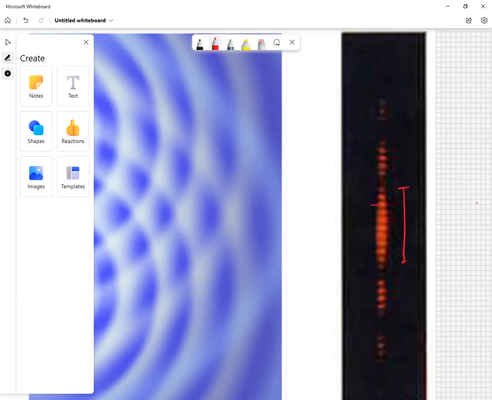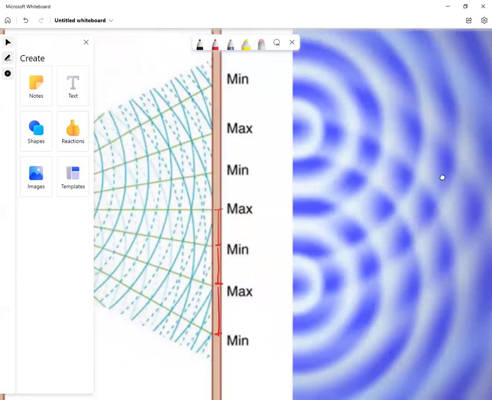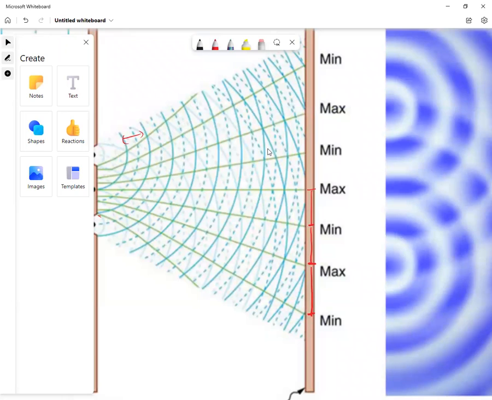So the gap that you have between two bright fringes and the next bright fringe, these lengths are considered to be nearly equal. You don't have the problem of circular arcs expanding out for the case of light. That part can be considered negligible.